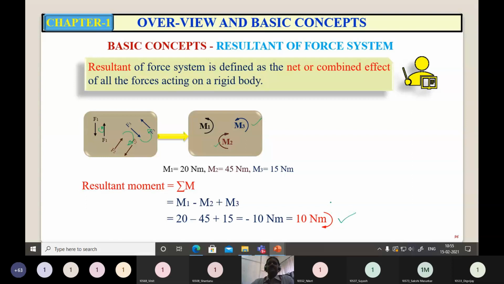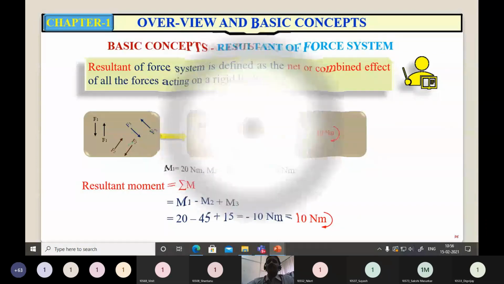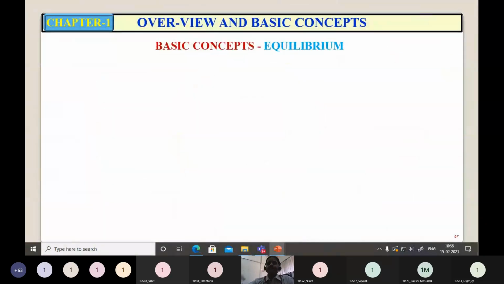So if they ask, determine the resultant of the system shown in the figure, you cannot simply say that the resultant is 0. The resultant force is 0, but you have to find the resultant moment also. Okay. Understood? So here the resultant moment is 10 Newton meter clockwise, because of which the body will have clockwise rotation.